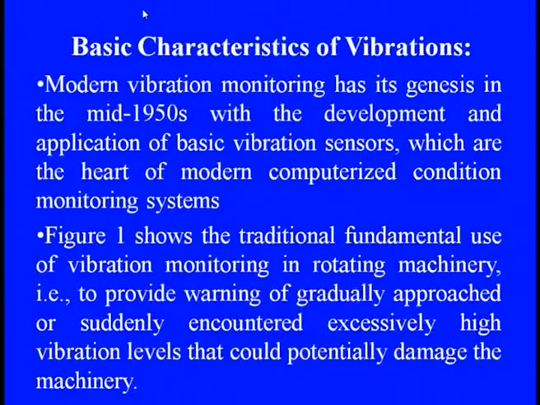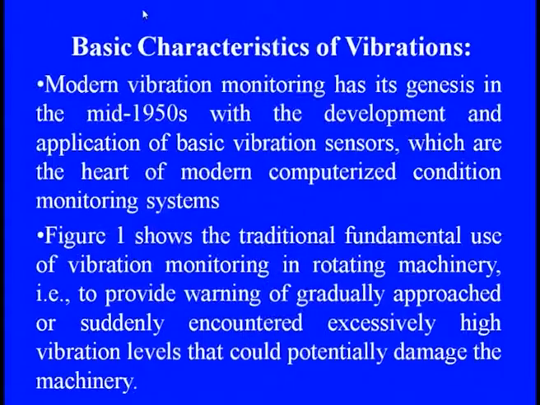So if you go with the basic fundamentals of vibration monitoring in any rotating machine, we know that these simply provide a warning of a gradual approach or a sudden, excessively high vibration level.